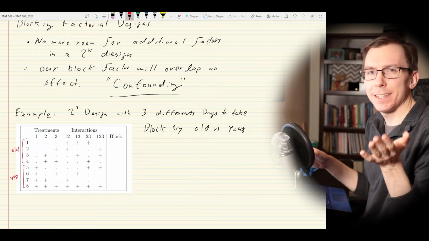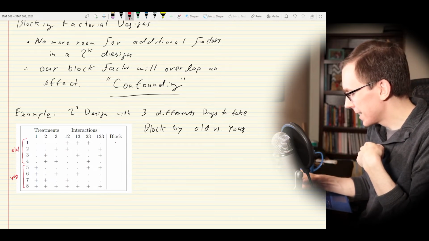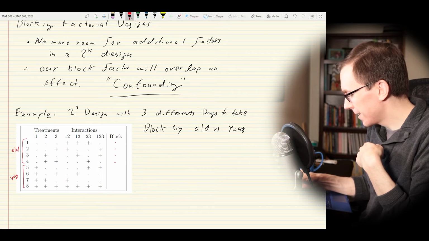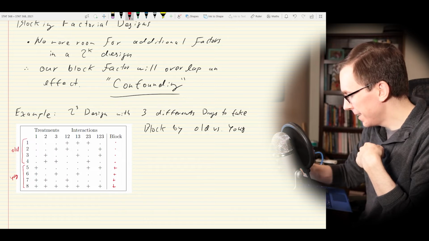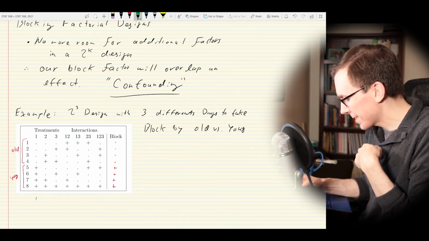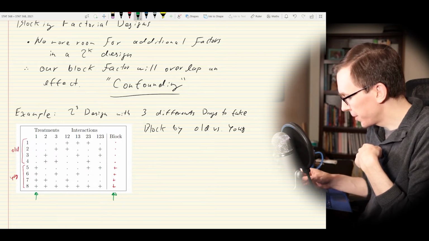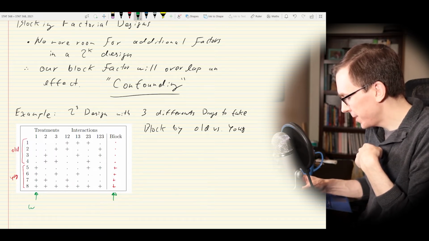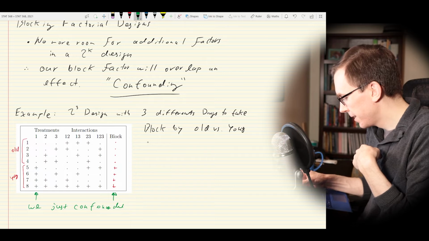But if we consider this to be a binary factor, then what I'm getting is a dot, dot, dot, dot, and a plus, plus, plus, plus. And this is the same as column 1. So in this case, we just confounded factor 1, drug 1.